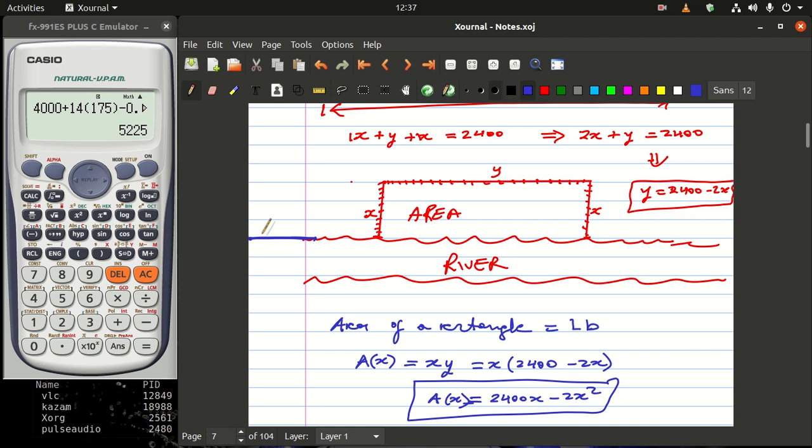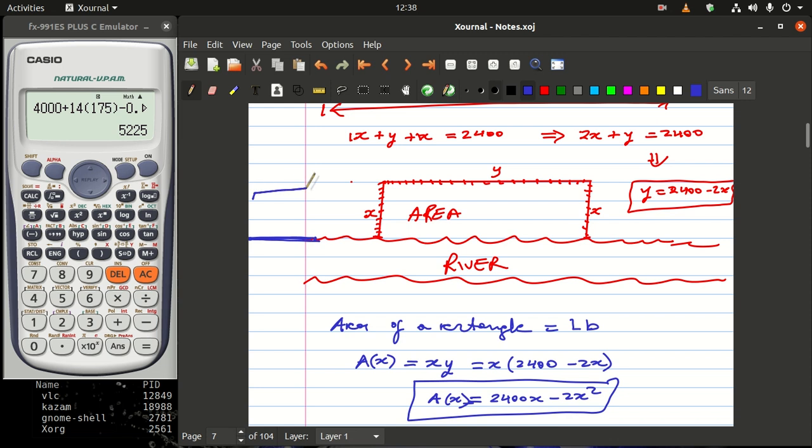So what would happen here? I would end up having a straight line, which is actually not a rectangle. So in order for me to end up having a rectangle, I need this side to be bigger than 0 and this side to be bigger than 0, even if it's 0.01, so that I can create a rectangle.